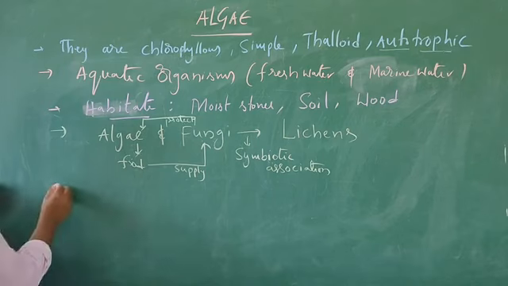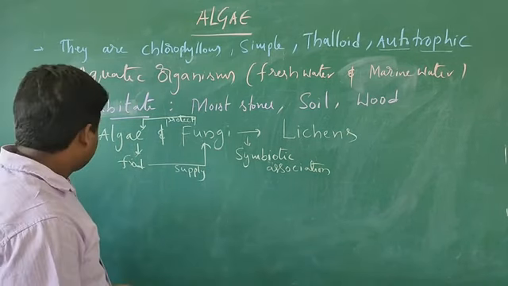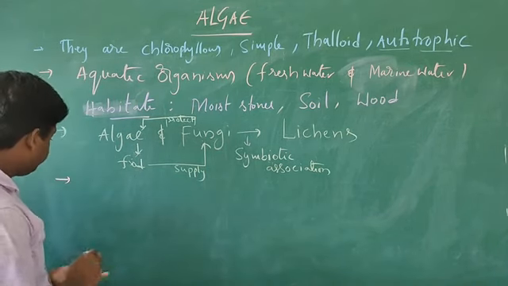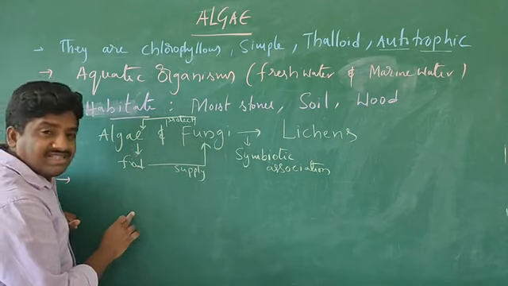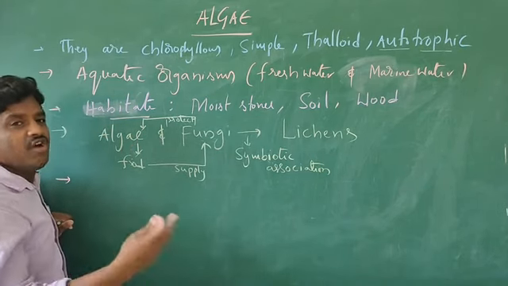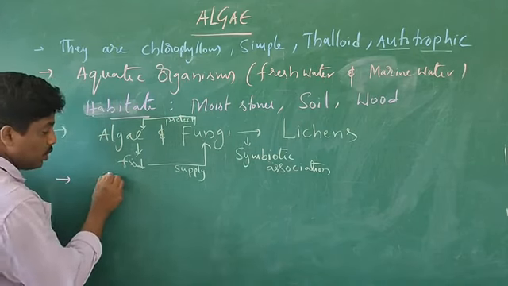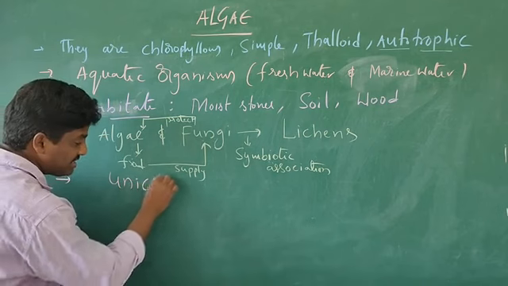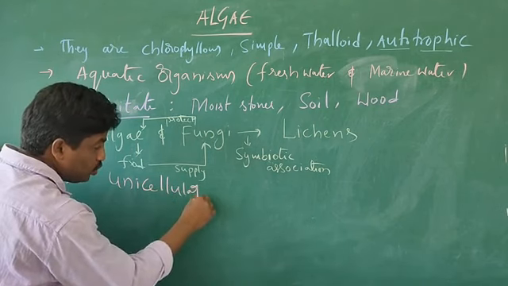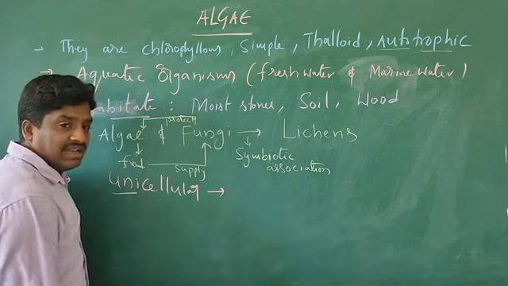Next, one more point. These algal organisms differ in forms. They may be unicellular organisms. Unicellular means single; uni means single.